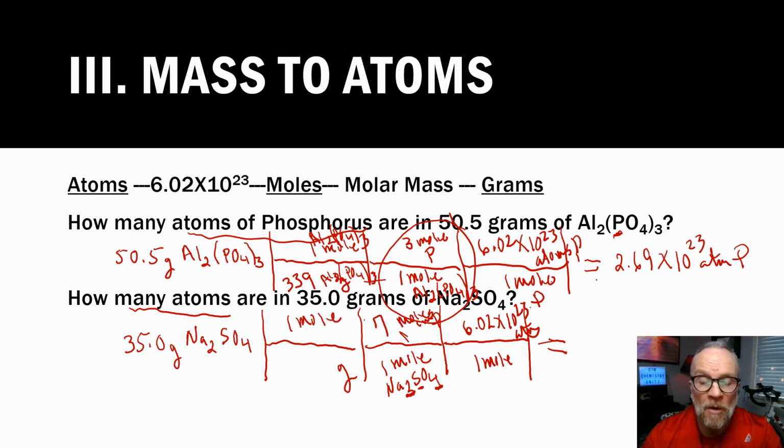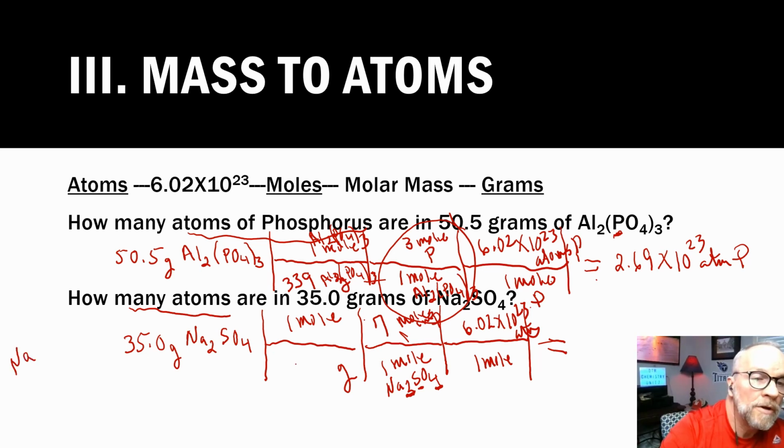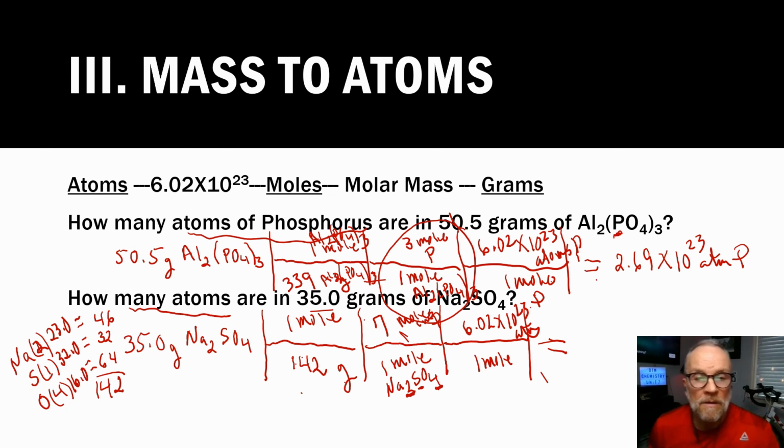Let's do the molar mass for sodium sulfate. Sodium, there's 2 moles of that, 23 each. Okay, so now we'll multiply across the top, 35 times 7 times 6.02, and then we will divide that by 142. So here we have 1.038.